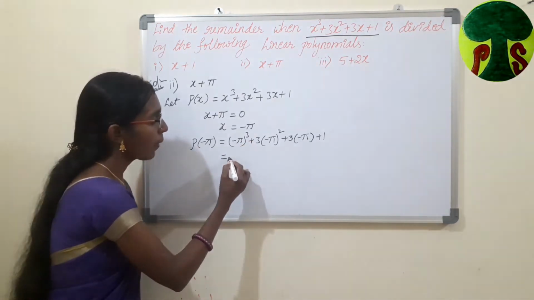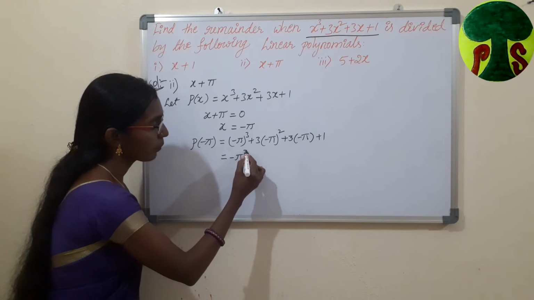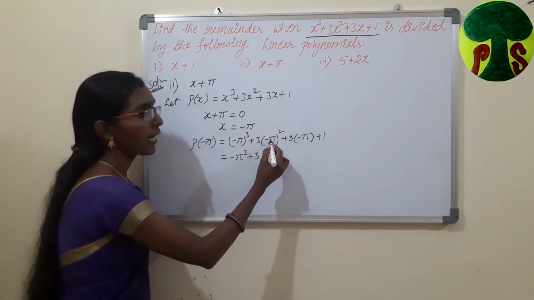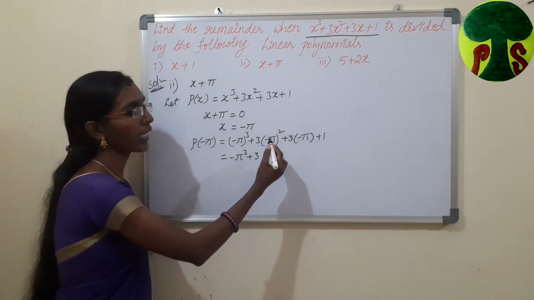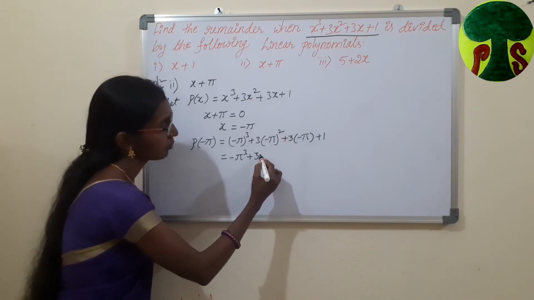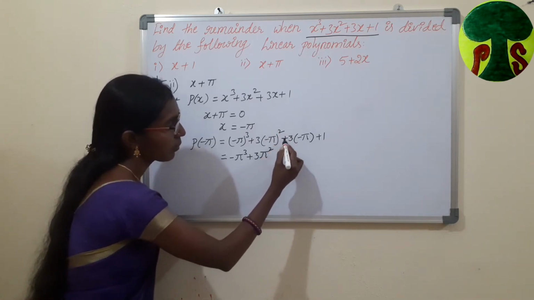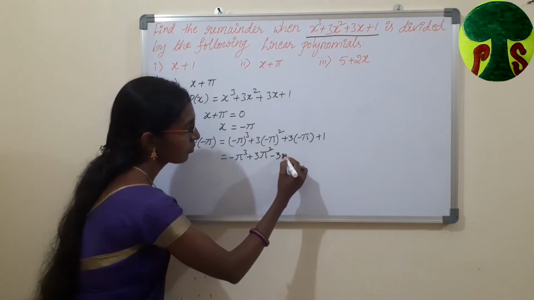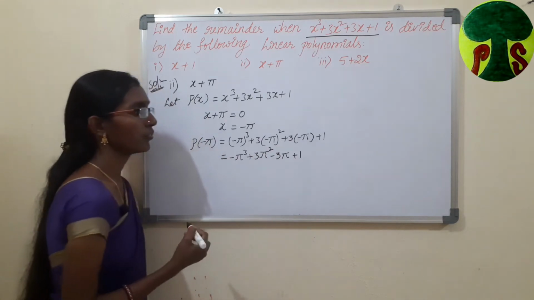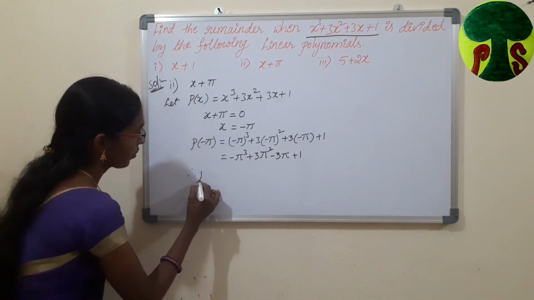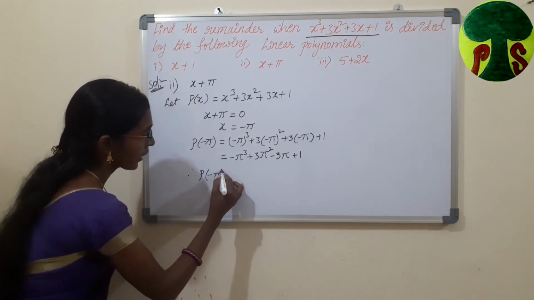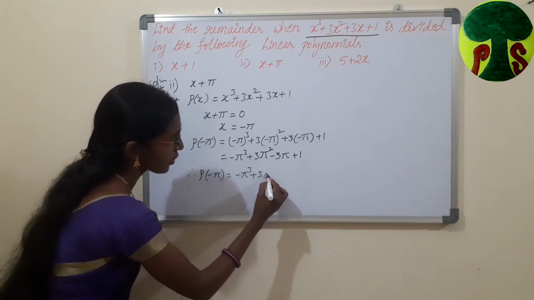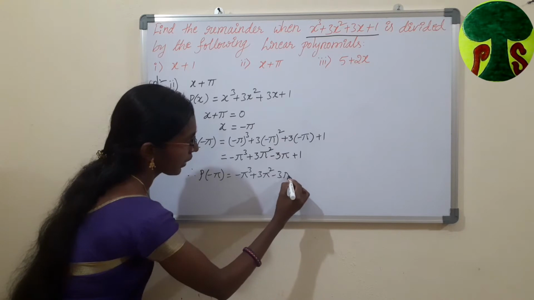We will get minus pi cube plus 3 into minus pi whole square. We will get plus pi square plus into minus 3 pi plus 1. Therefore, p of minus pi is equals to minus pi cube plus 3 pi square minus 3 pi plus 1.